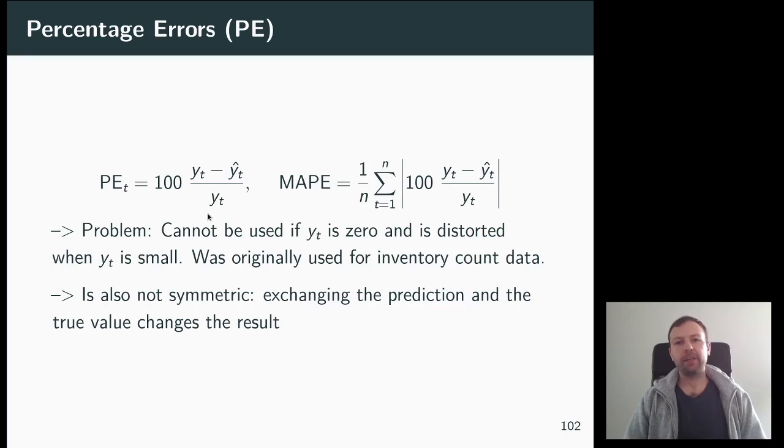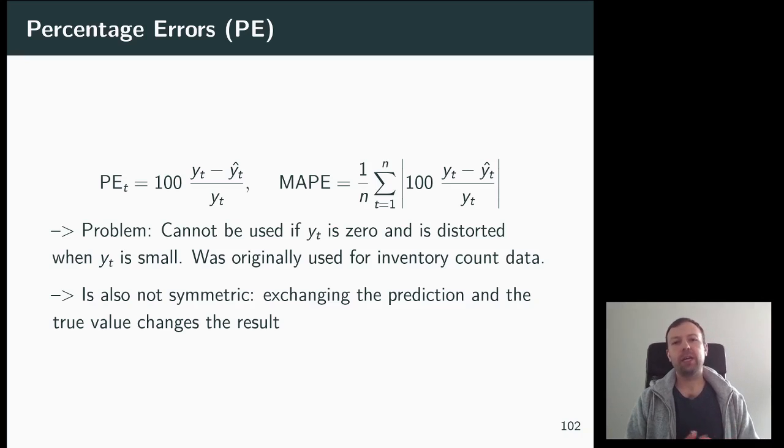And that is what the mean absolute percentage error is, the MAPE. At first this looks like a good idea because now you get some sort of, well, are you 10% off, something like that.